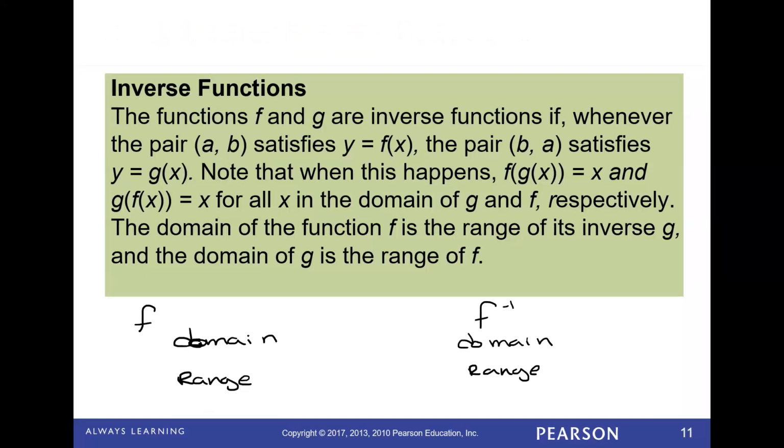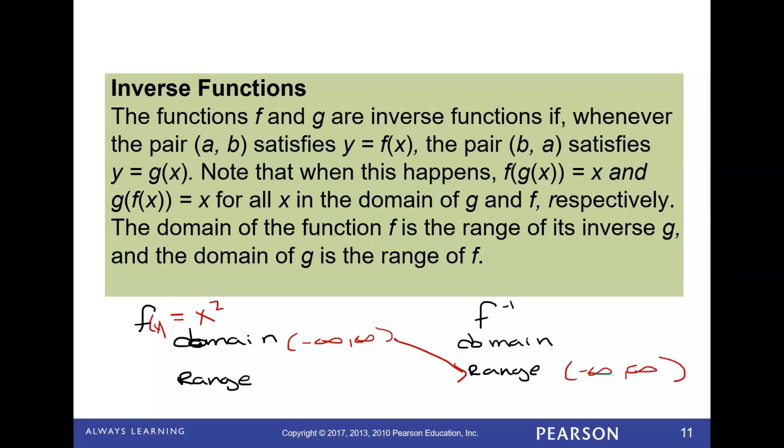Let's say the f function is x squared. So our domain there is all real numbers. When I go to the inverse, no matter what the inverse looks like, the domain has now become the range of this inverse function.